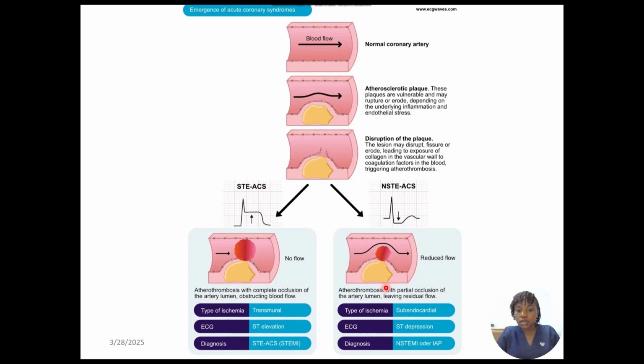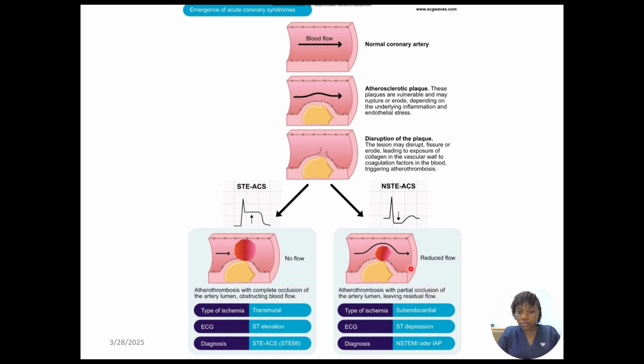Now, this can cause ischemia of the myocardial tissue because there will be mismatch between the myocardial oxygen demand and the blood flow. Now, if this mismatch leads to infarction, then it is called non-ST elevation myocardial infarction. And in this case, there will be also release of cardiac enzyme into the bloodstream.